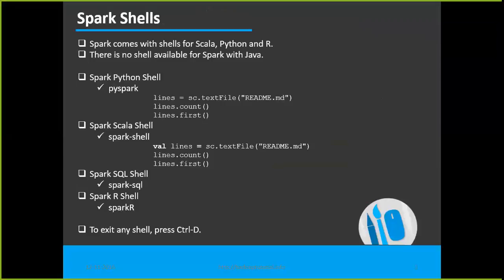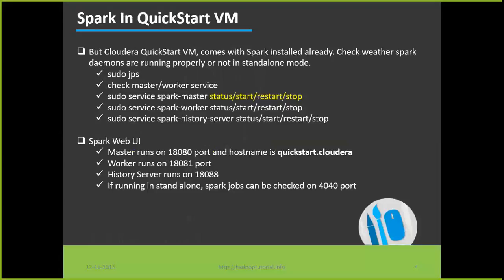So we talked about these things. Running your master service, master daemon. So how did we run that? These commands will not help you with the installation that I have shown you.